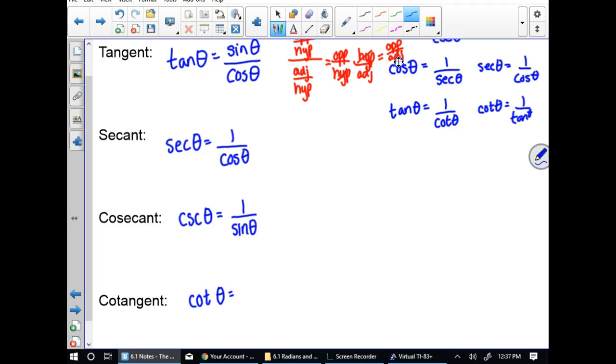If we use this reciprocal identity right here, it's 1 over sine theta over cosine theta. And dividing fractions is easy as pie. Flip the second and multiply. So you're right, it is cosine theta over sine theta, which kind of makes sense. These are called reciprocal identities. They flip that sign. So if you are asked for tangent, secant, cosecant, or cotangent from the unit circle, you're going to have some extra work to do because you have to use these formulas here.